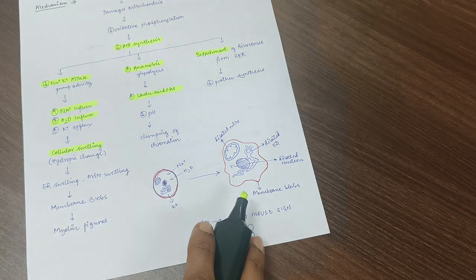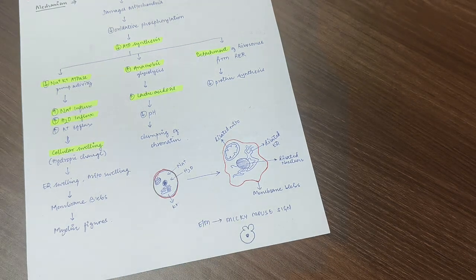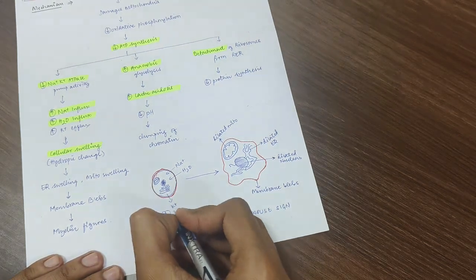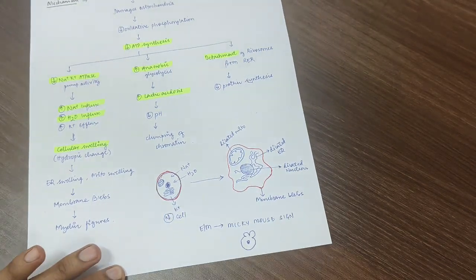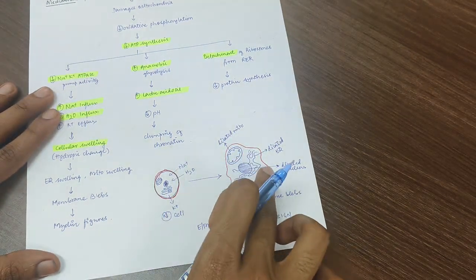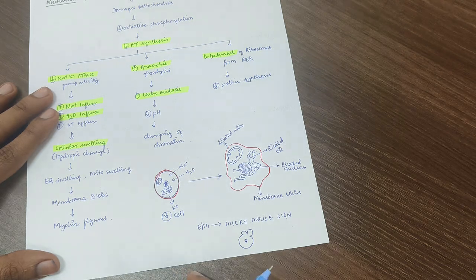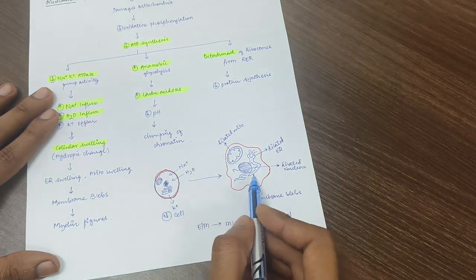For hydropic change, you are going to draw the same diagrams. First you are going to show the normal cell. This is the normal cell. But here what happens? Now you are going to see the membranes are dilated or blebbed. That is called membrane blebs. Next, dilated nucleus.